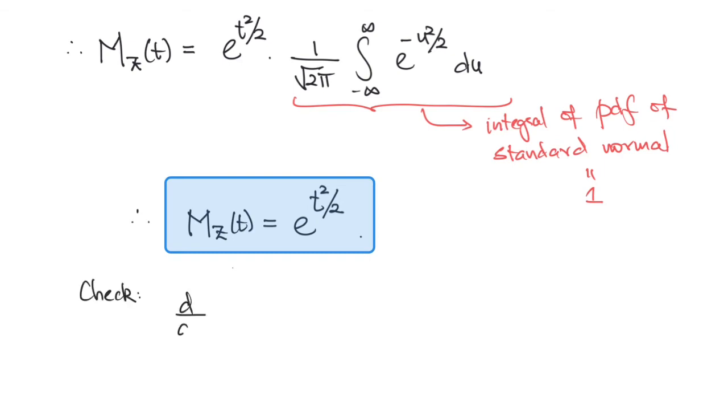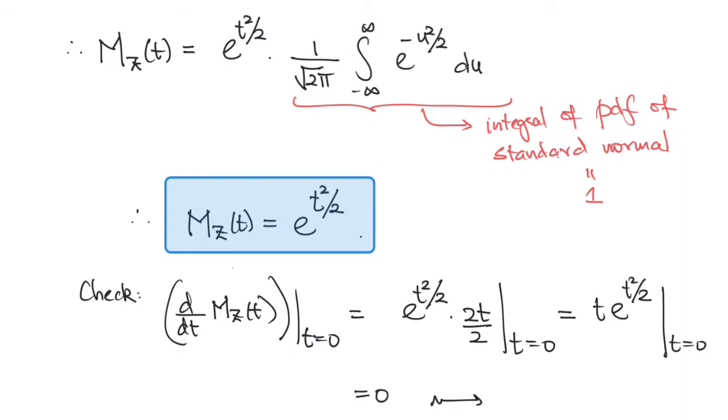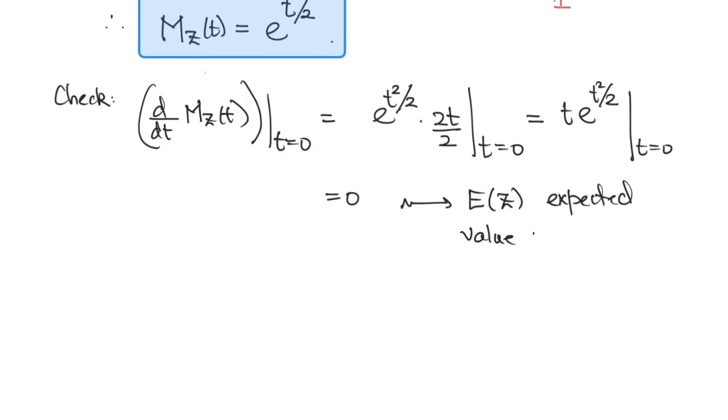We can now check that the derivative of this moment generating function evaluated at t equals 0 is going to equal t times e to the t squared divided by 2 evaluated at t equals 0, which equals 0, which is exactly the expected value of the standard normal distribution. Lines up with what we expect.